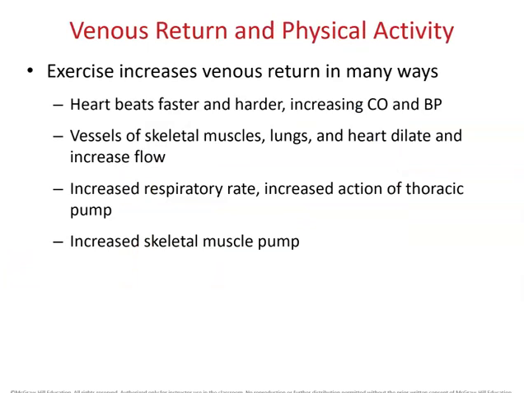During exercise, the blood pressure and blood circulation increase because the heart will beat faster and harder. The vessels of skeletal muscles, lungs, and the heart will dilate and increase the blood flow. The respiratory rate will increase, and the thoracic pump will increase too. The skeletal muscle pump will also increase its activity to increase the blood flow.